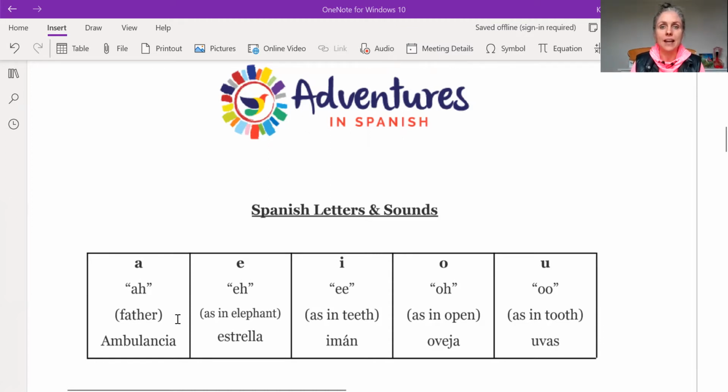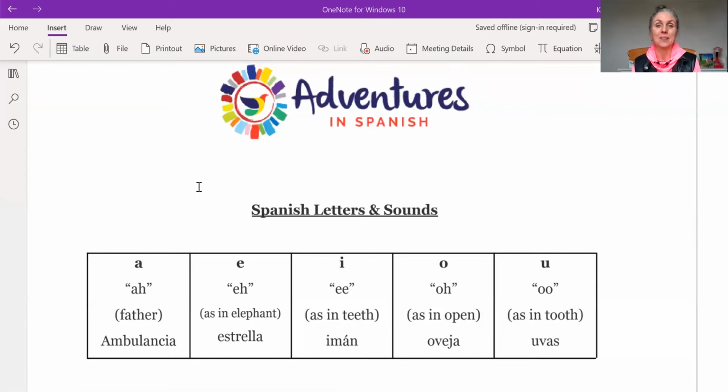An example of that letter in an English word, which I'm not going to go through, you can see them for yourself, and then an example of that letter being used in a Spanish word. Okay, so let's begin, shall we? Some of these letters, by the way, have specific rules. So as we go through, I'll be clarifying how the sounds of these letters change depending on which letter they are before in a Spanish word.